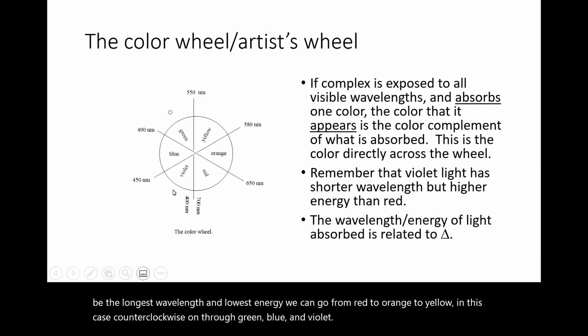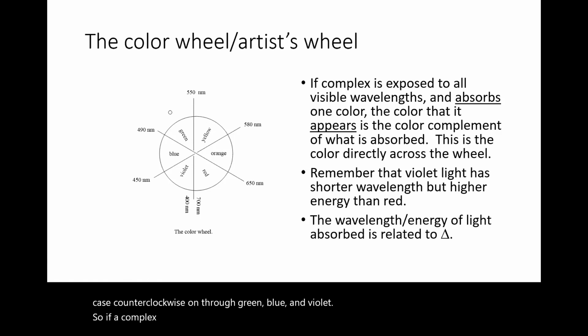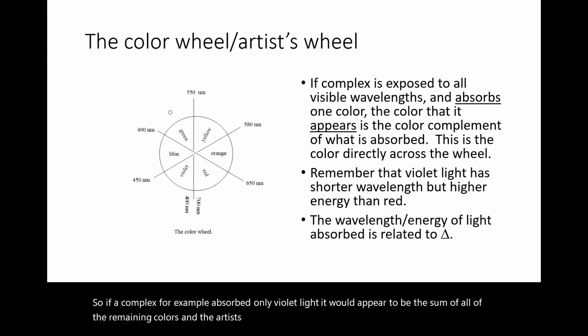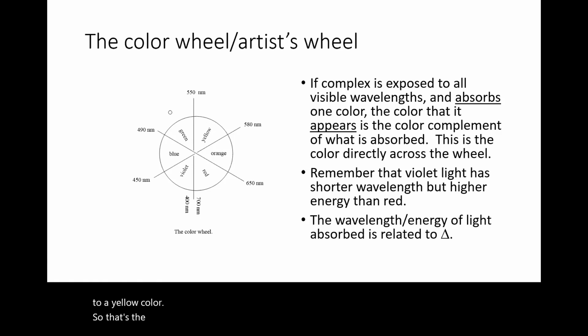So if a complex, for example, absorbed only violet light, it would appear to be the sum of all of the remaining colors, and the artist's wheel helps us learn that that sum of colors would correspond to a yellow color. So that's the color that's directly across the artist's wheel from a wavelength that is absorbed.